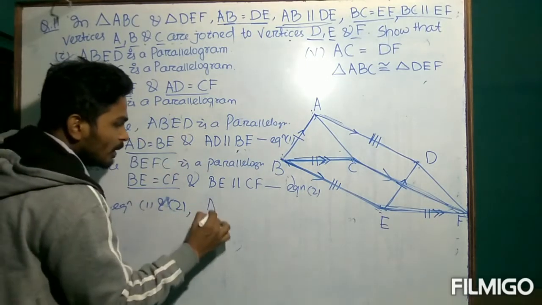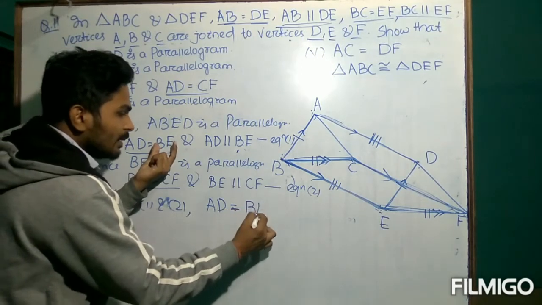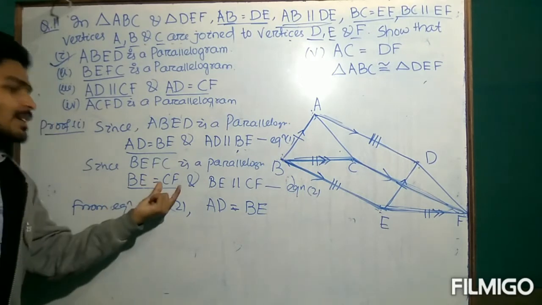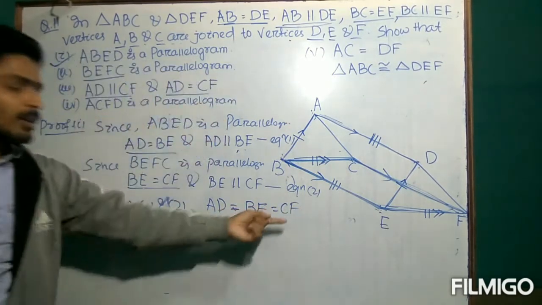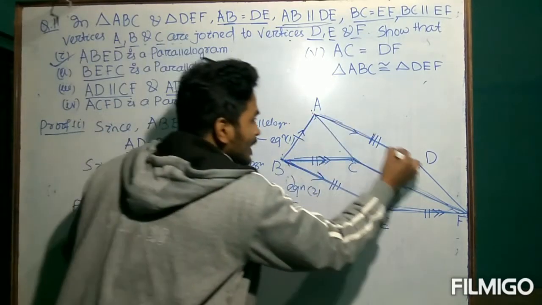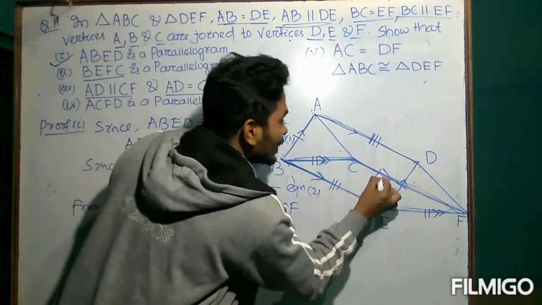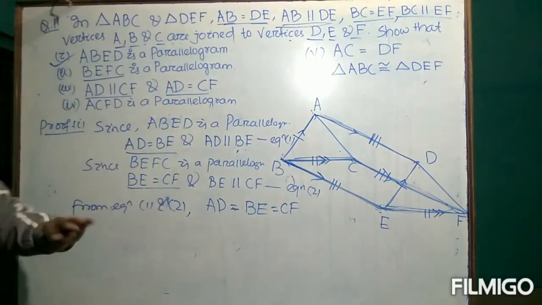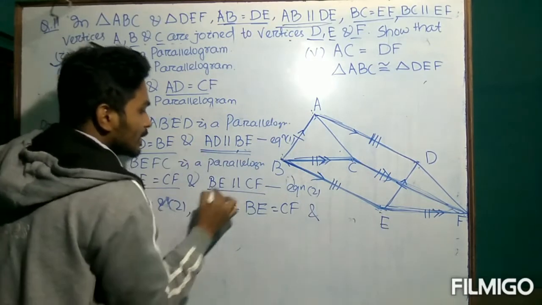In equation 1 we know that AD is equal to BE, and in equation 2 we know BE is equal to CF. So we can write BE is equal to CF. What have we found here? We have found that AD, this side, is equal to BE, this side, is equal to CF, this side. So these three sides must be equal, right?